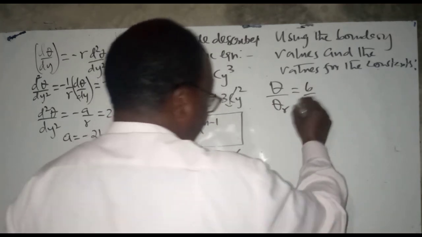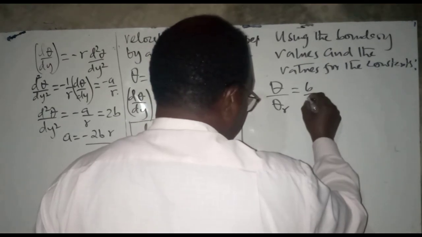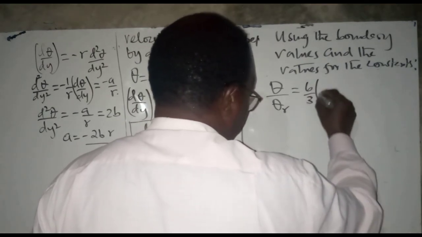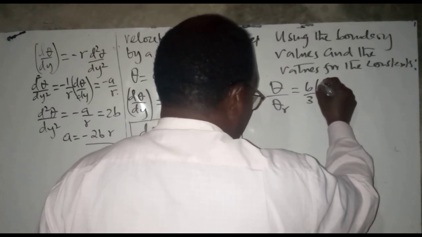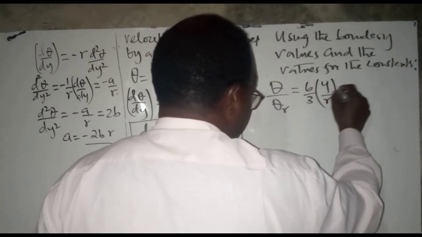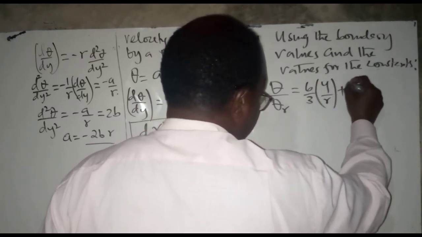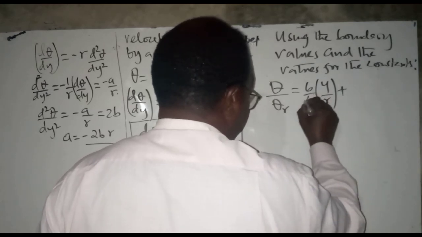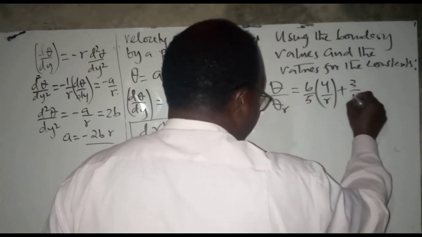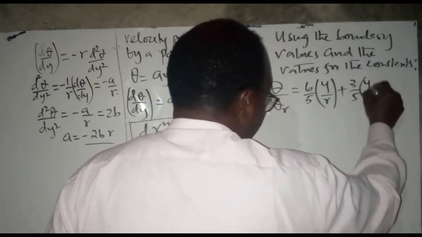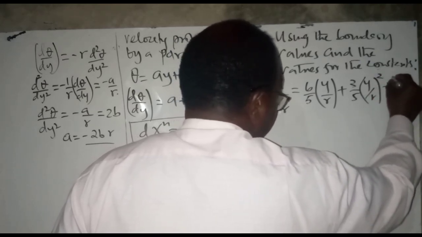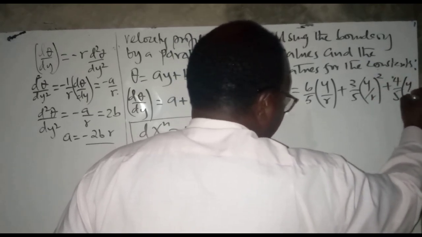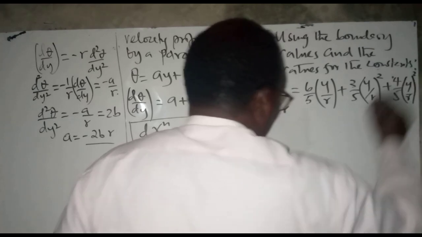6/3 y over r plus 3 over 5 y over r squared plus 4 over 5 y over r cubed.